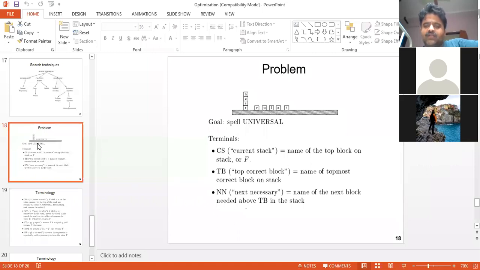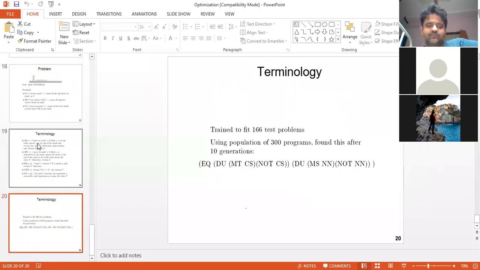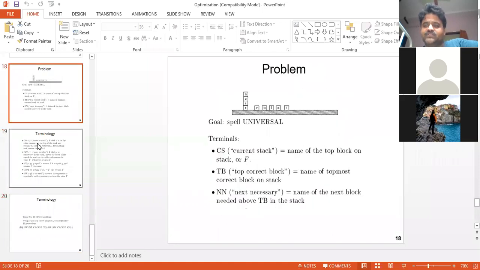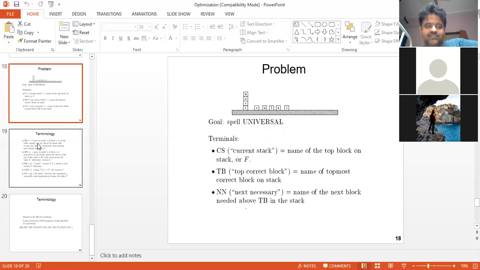This spelling can be obtained using different terminals like CS, TB, and NN, which move to the stack and move to the table. EQ means equal, NOT means not, and DU means do until, which is nothing but a while loop. If you apply this terminology, we can spell out the word universal. It's a simple example one can try.